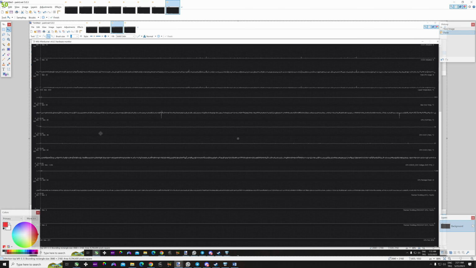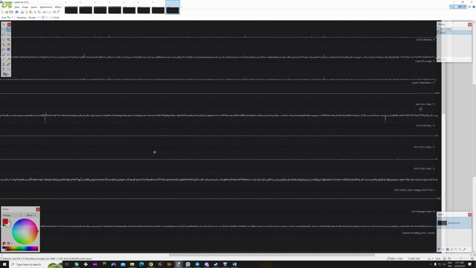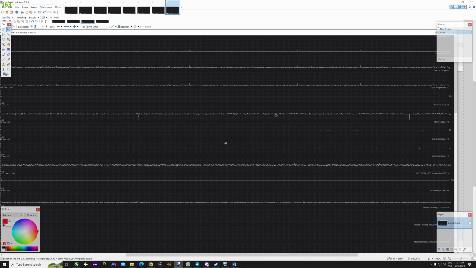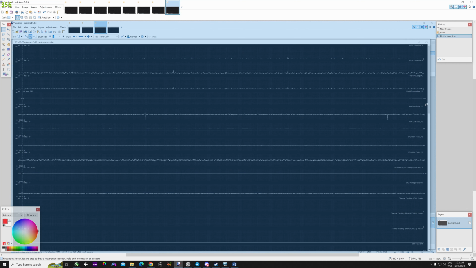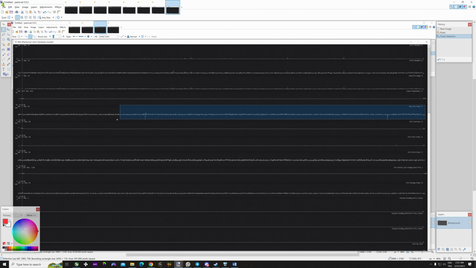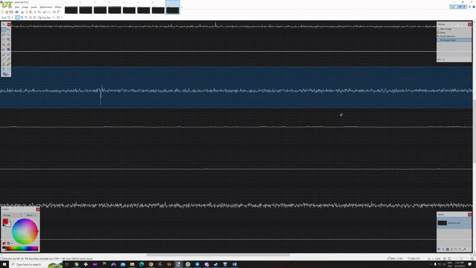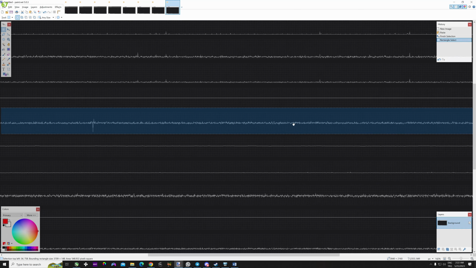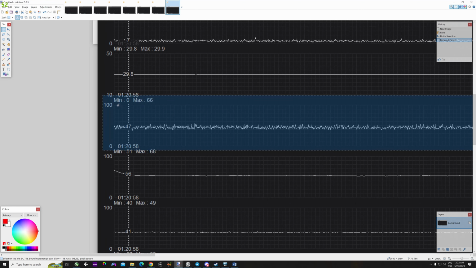Oh yeah, this isn't about VSOC. I took this screenshot because I saw some weird thing happening with my max core temp graph, right? Check this out. So max core temp. Check this graph right here. What you can see here is max core temp. Well, it says minimum was 0.